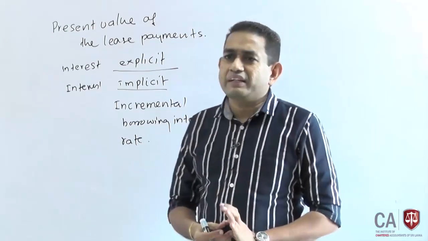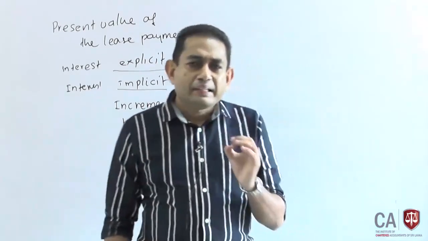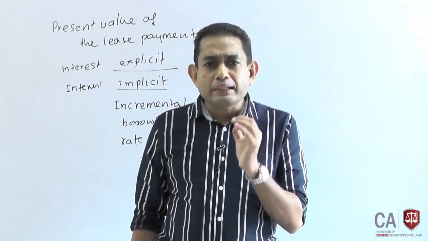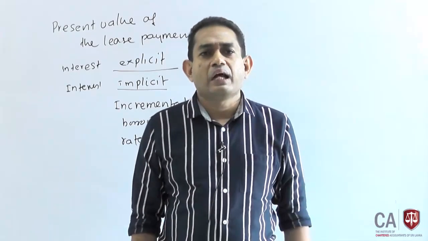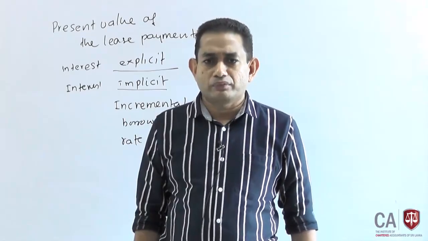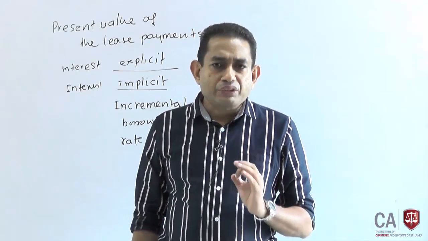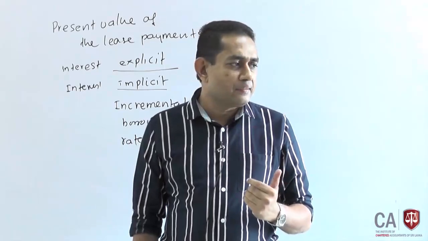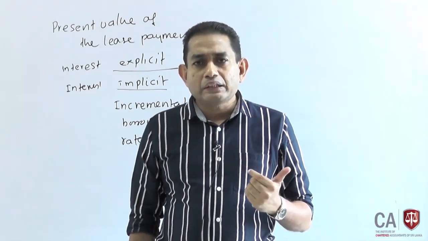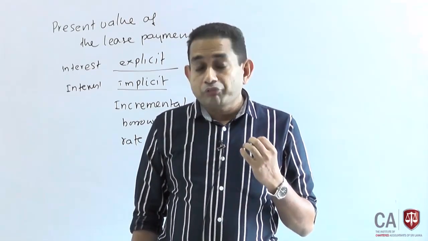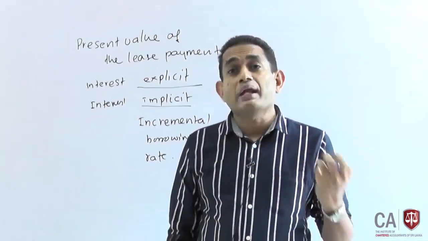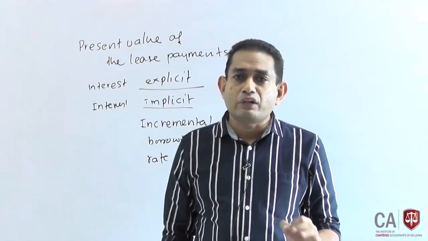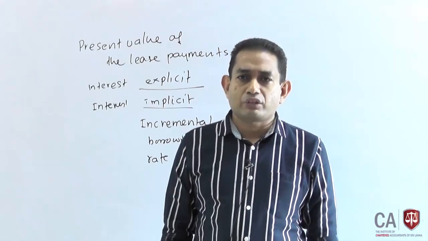Now, the implicit interest rate is any rate that will make the present value of the future lease payments equal to the asset value as of now. It is any rate that will make the present value of the future lease payments equal to the asset's fair value as of today.